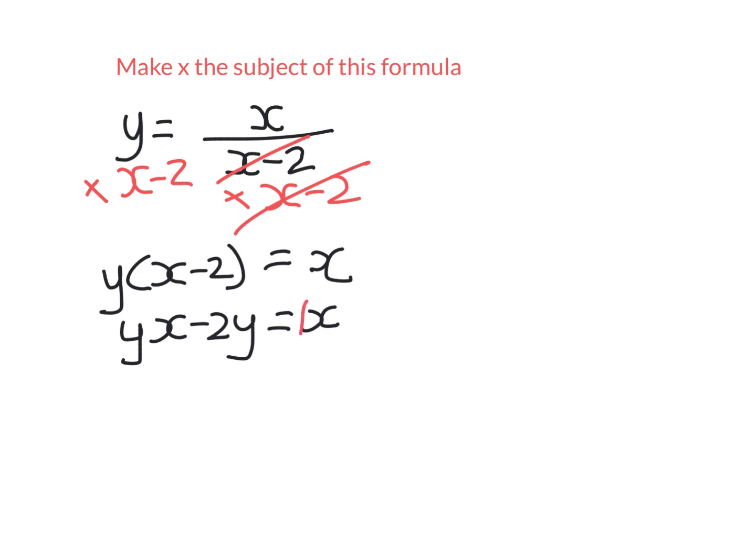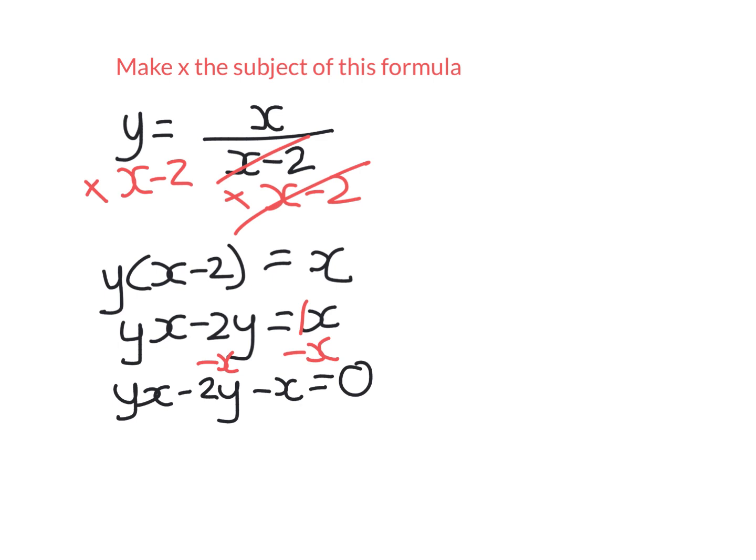This is a 1, this is a y. It doesn't matter whether I subtract x from both sides or yx from both sides. So I'll just subtract x from both sides. So I get yx minus 2y minus x equals 0. So that came about from subtracting x from both sides.